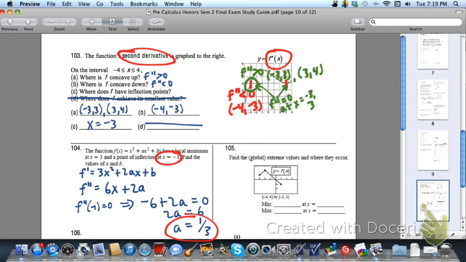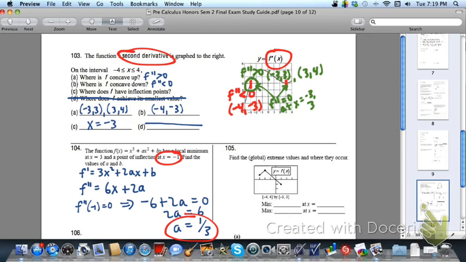I'm not finding a whole lot of room here, but I'll try to squeeze it in. I'll use a different color. Now that we have a equaling 3, we can replace a with 3 in the f prime equation.